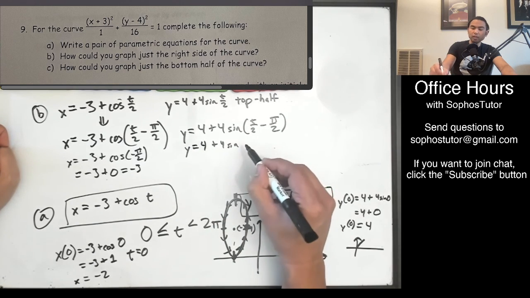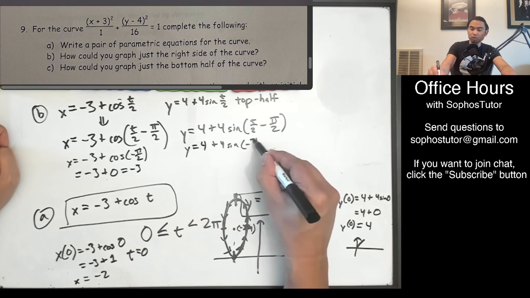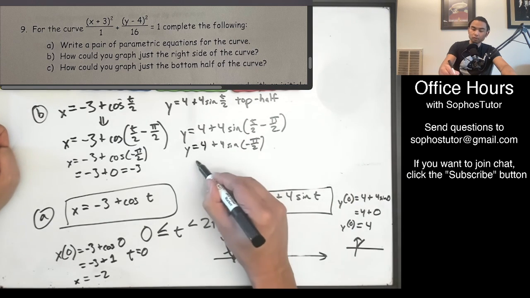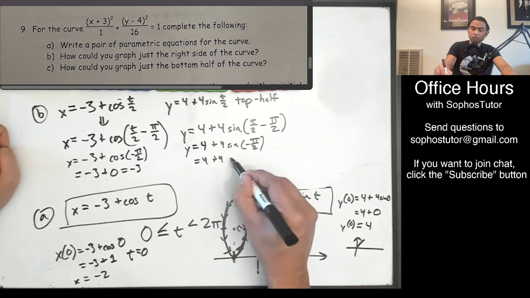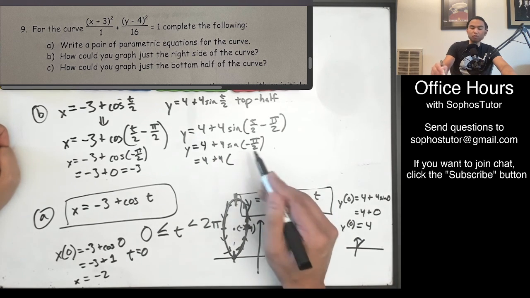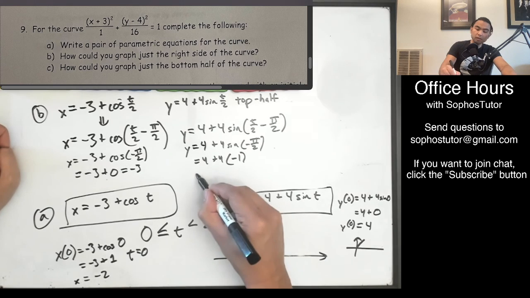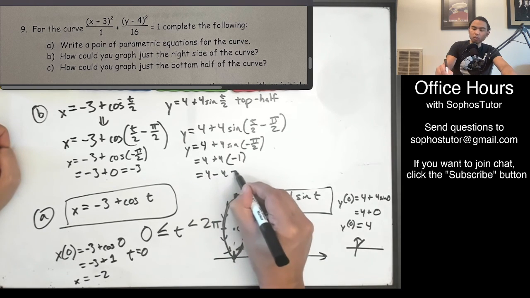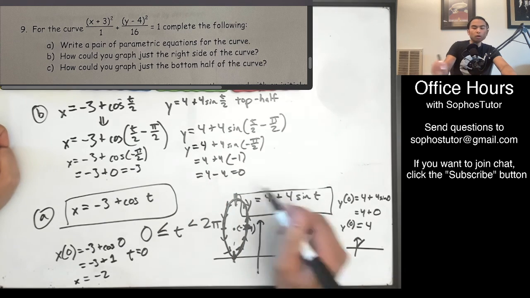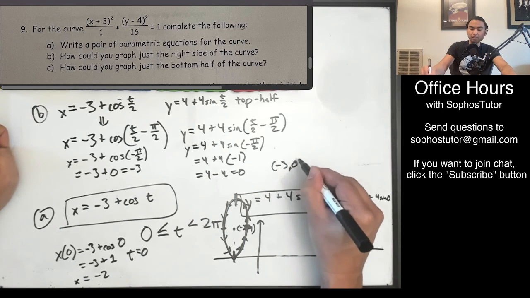If we take the sine of negative pi over 2, well, the sine of negative pi over 2 is negative 1. Again, you can check that on your calculators. So we'll get 4 minus 4, which is equal to 0. So our new starting point is negative 3, 0.